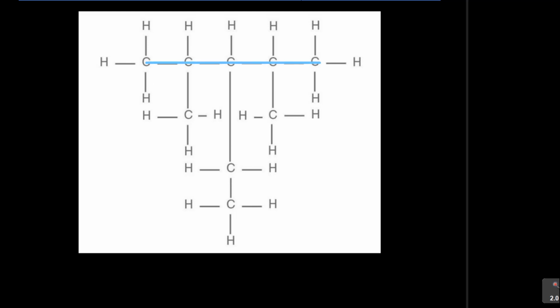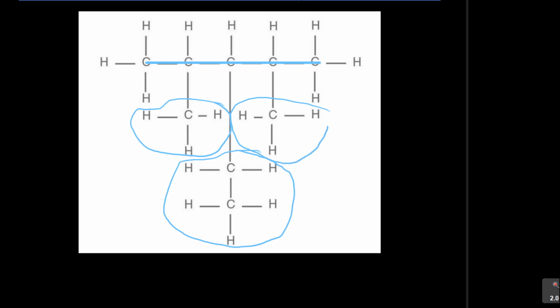This is the longest chain, and this becomes a branch, which is an ethyl branch, and this also becomes a branch, a methyl branch. This becomes a branch, a methyl branch. So this is carbon number 1, 2, 3, 4, and 5. Even if I go from this direction, look at it, nothing changes.